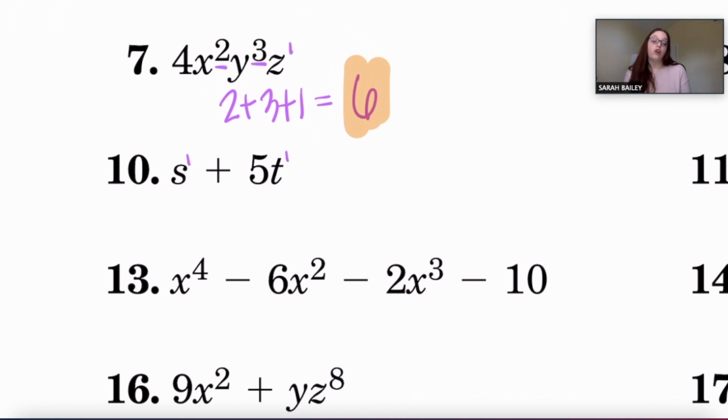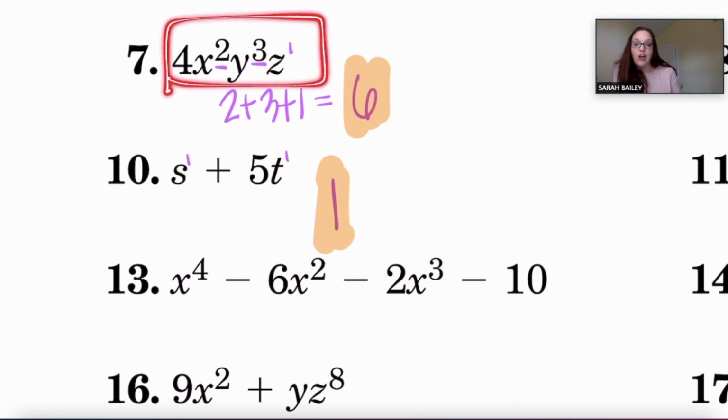So both terms have a degree of 1. So this is a first degree, okay? You're not adding those ones together because these ones are on 2 different terms. The reason I added them before is that's all one term, okay? So hopefully that makes sense.